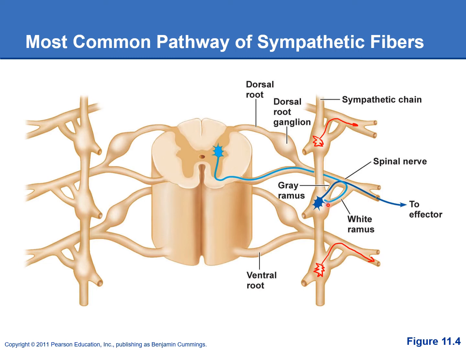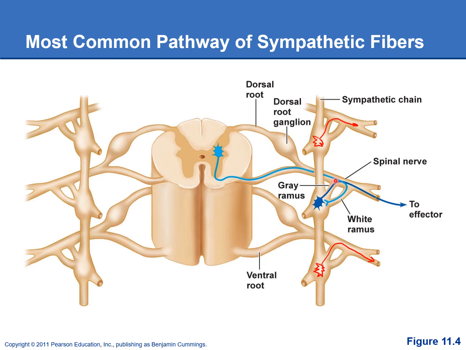And it's white because remember the preganglionic neuron is myelinated and the myelin sheath appears white. And then it's going to synapse here with the postganglionic neuron in this sympathetic chain. So the sympathetic chain is just running right outside the spinal cord, and this is part of the peripheral nervous system. And then the postganglionic neuron will then come out here and go back towards the spinal nerve through this gray ramus.